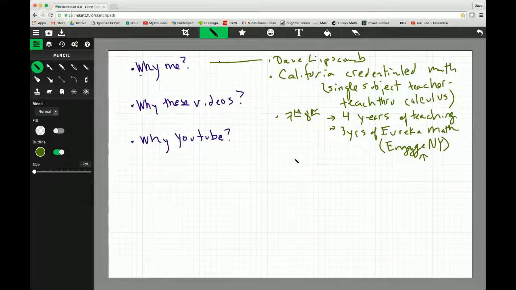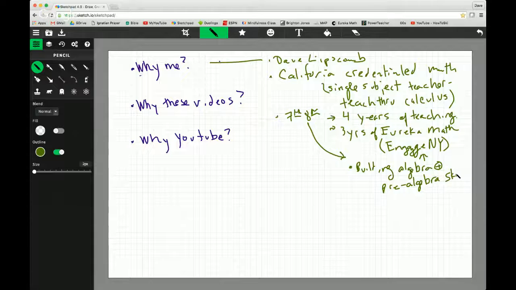Okay, that said, why are 7th and 8th grade kids interesting to me? Because 7th and 8th graders are building their algebra and pre-algebra skills, which are their core fundamental building blocks for all future mathematics.